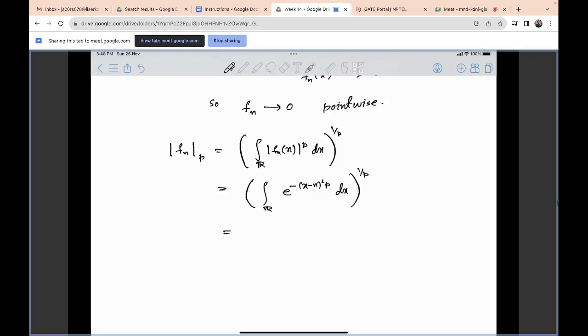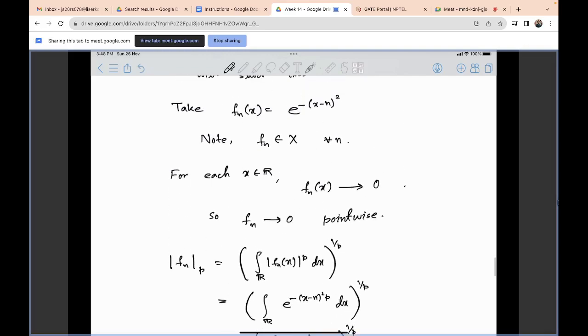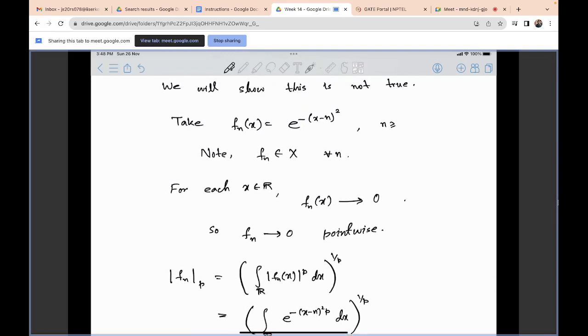And Lebesgue measure is translation invariant, so you can make the change of variable x goes to x plus n. Then it will be the integral of e to the power minus x squared p dx, right? So this is for the particular case n equals 0, so this is f_0 in the p norm, because this is defined for all n bigger than or equal to 0.